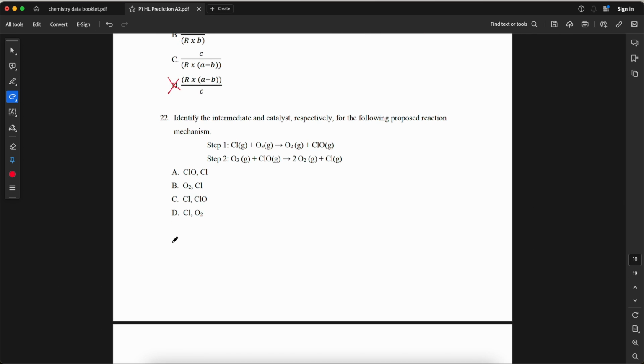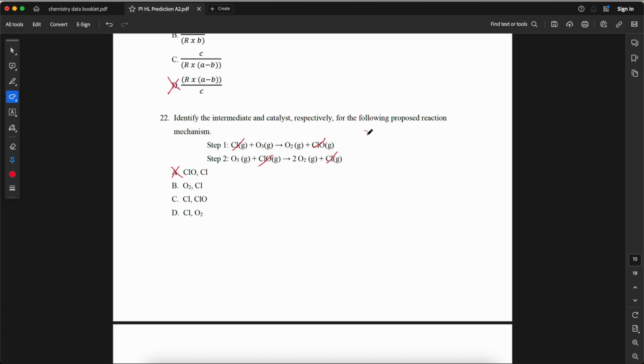Identify the intermediate and catalyst respectively for the following proposed reaction mechanism. It has step 1 and then step 2. Which one is the intermediate and catalyst? It's ClO and Cl. Why? Because look, we can actually eliminate them.